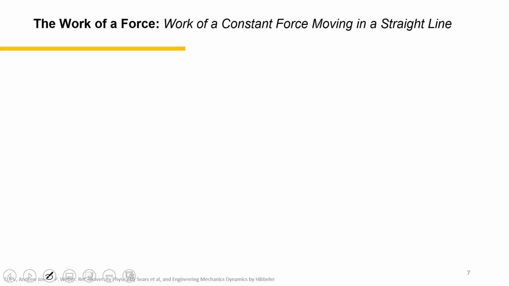So we have a straight path for a particle that is moving along that from point S1 to point S2, and let's say this is the force and this is the component of the force.